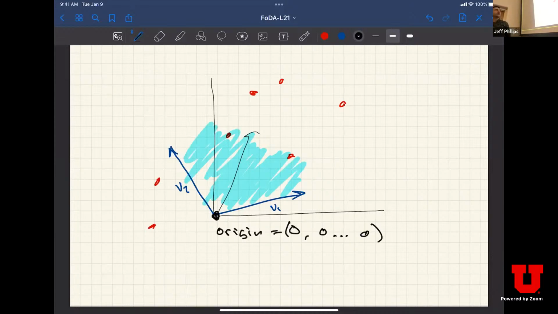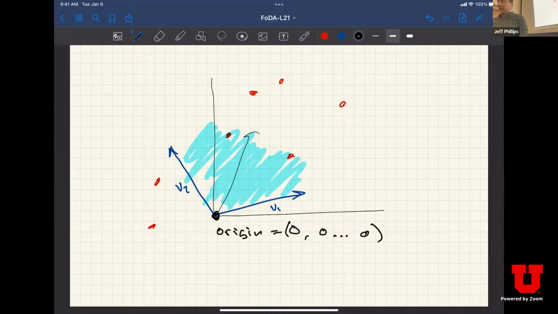And if they're positive, then they're not going to look centered around here. They're going to be up in the first quadrant, the positive quadrant in the high dimensional space. And so forcing your fit to go through the origin is often not very useful. It's often very wasteful of a fit of what's actually going on here.